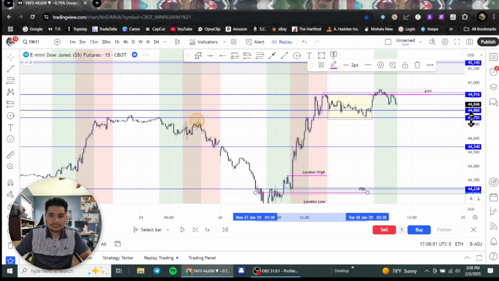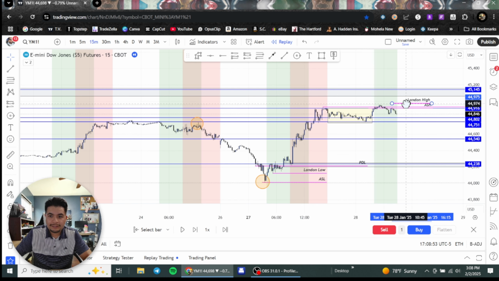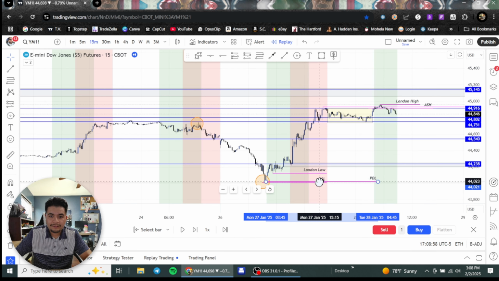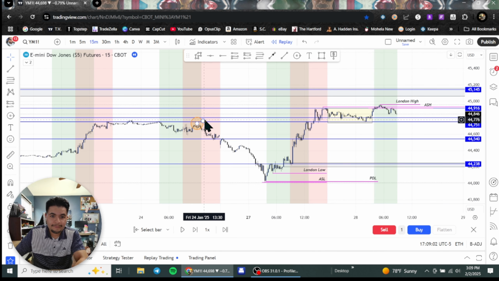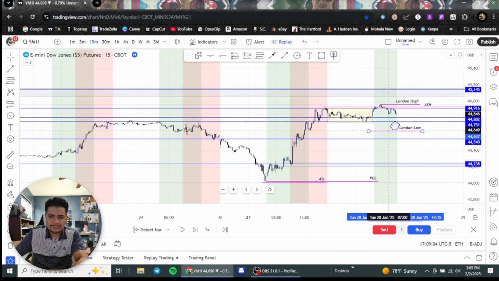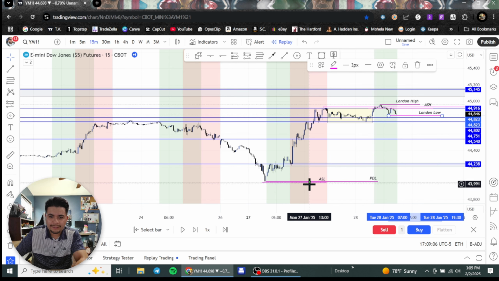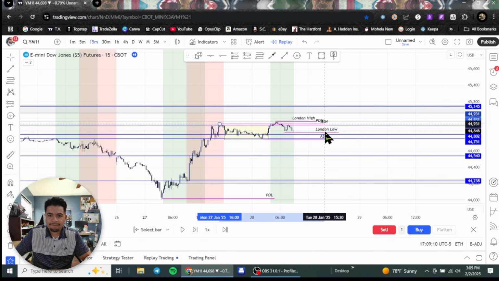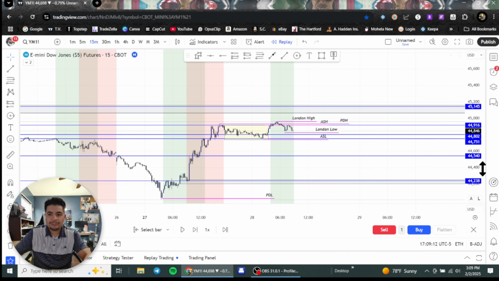Previous day low, which is a little bit down there. London high, which is right there. London low, right there. And Asian session low, which is right there. Okay, so we have some targets.